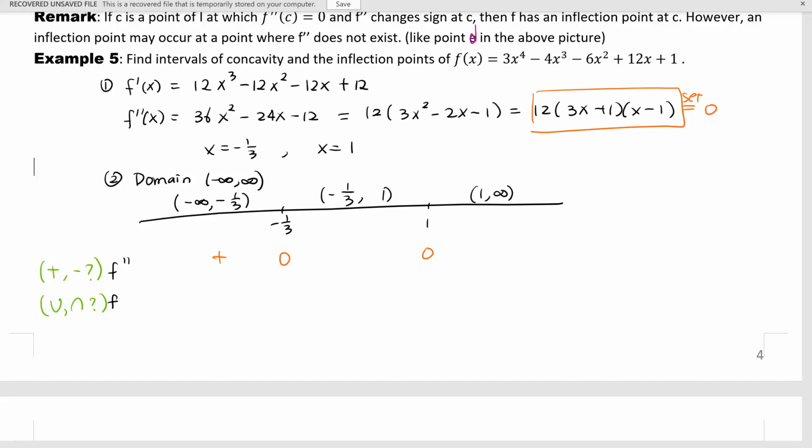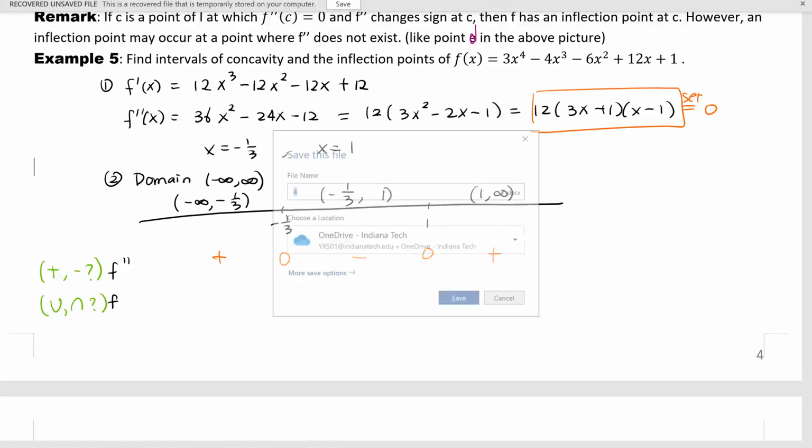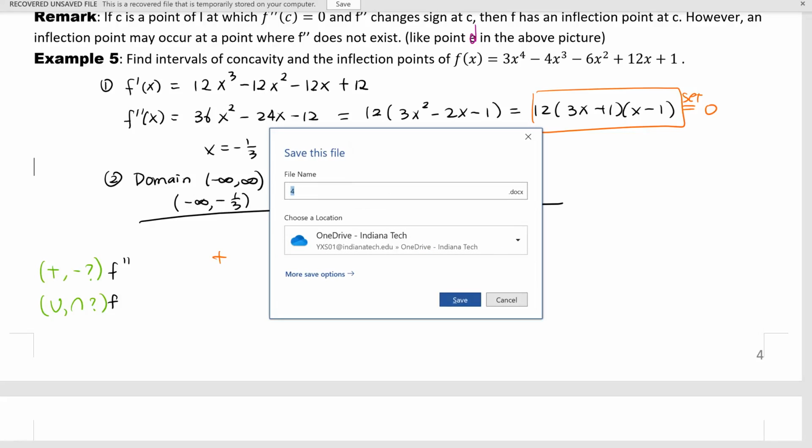When we plug in 0, 12 is positive, 1 is positive, -1 is negative, so we get negative. Here we can pick a number, which one? 2, right? Then 12 is positive, 3 times 2 is 6, 6 plus 1 is 7, positive, 2 minus 1 is 1, positive. So we get positive, right?